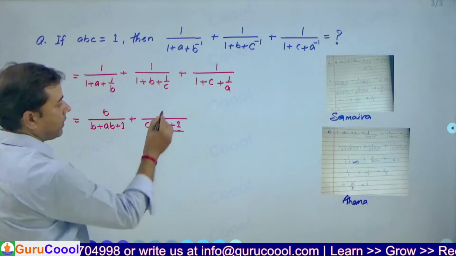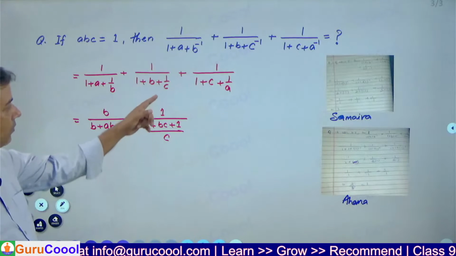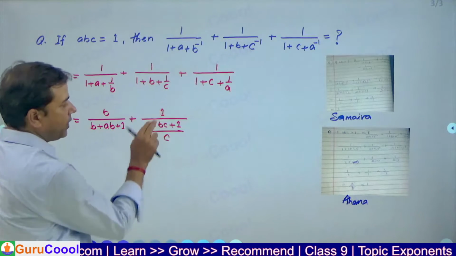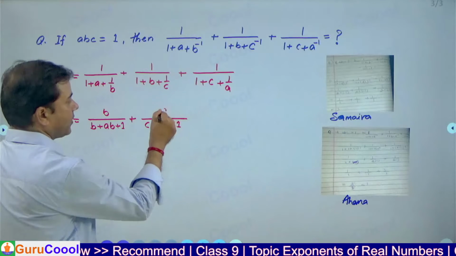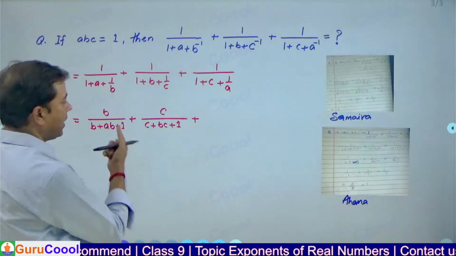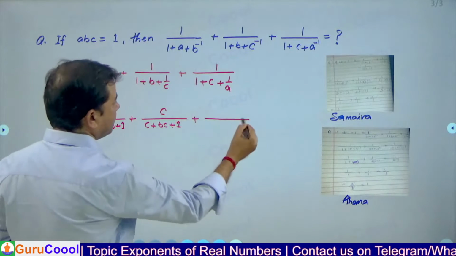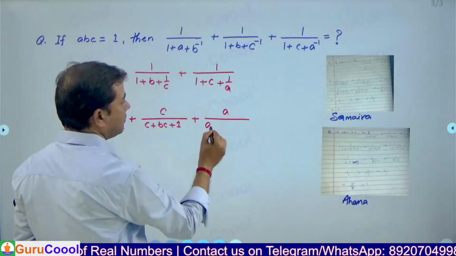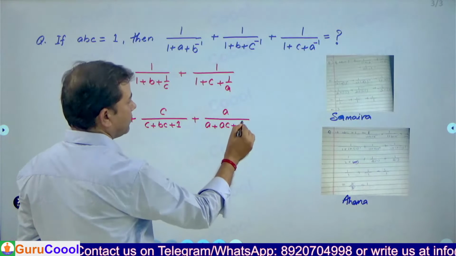You have to write this way, and 1 will be on top. If you take c LCM, it will be looking like that. But we have to take c to the numerator. It will be reciprocal. The same I did here in the first term, and same will be done in the third term. a will come to the top, and here a into 1 plus a into c plus 1.